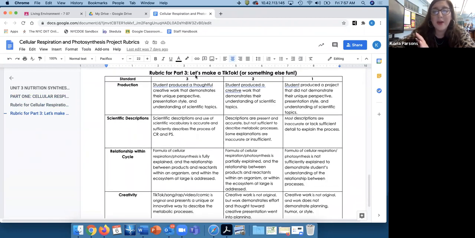So here's the rubric for part 3. Let's make a TikTok or something else fun. And I hope that a lot of you guys make TikToks. Just as a brief comment about how you'll be submitting this, I don't think that there should be any issues, but as long as they're TikTok length videos and no one does anything too long, you should just be able to upload them to Google Classroom the same way you've been uploading part 1 and 2 of the project.